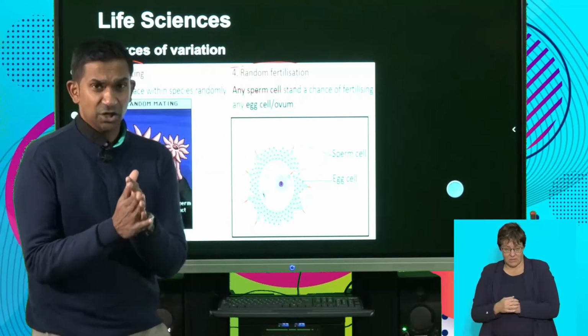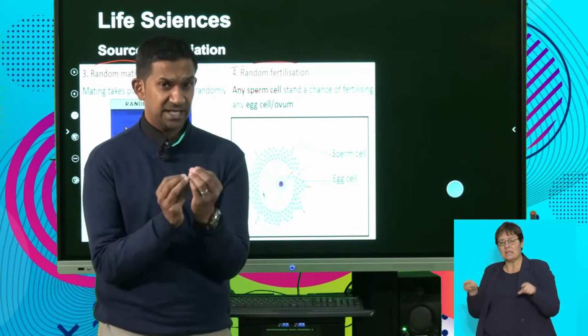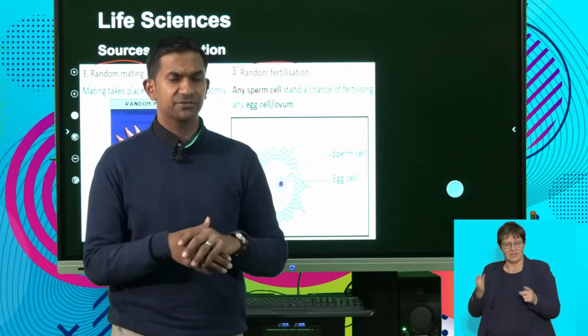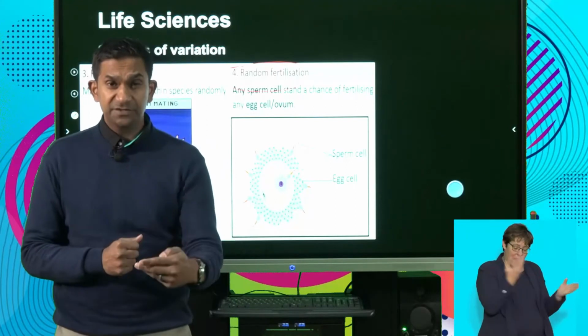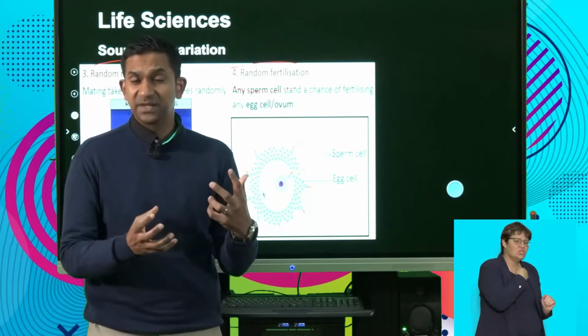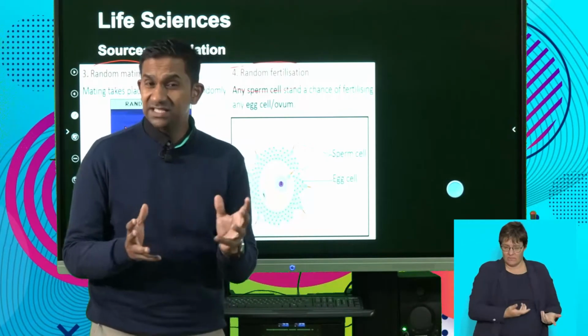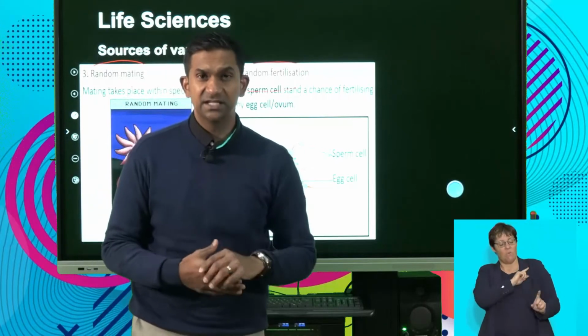If you compare yourself to your siblings, you will notice that even though you have the same set of parents, you often look different, you have variation from them. Likewise, if you look at animals, when they produce many offspring at a given time, dogs and cats, you'll find that there's lots of variation amongst them. And so essentially, that is what drives evolution, the variation that exists in a species.